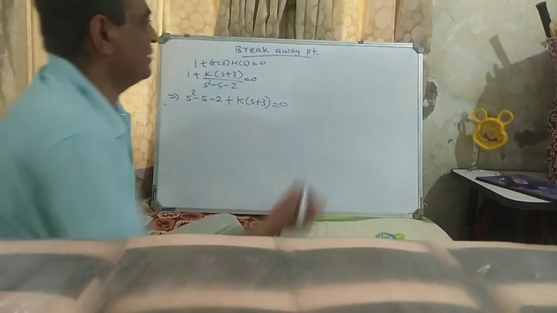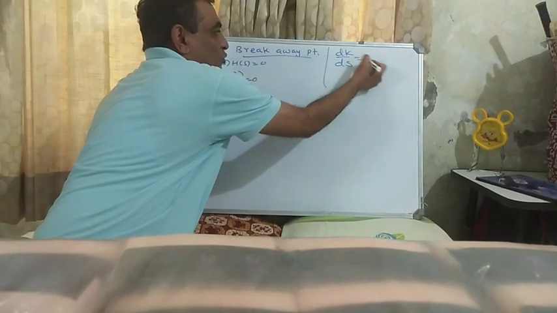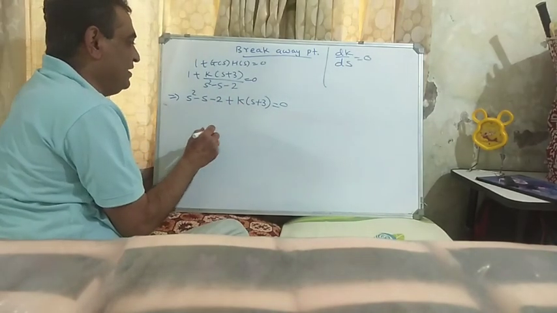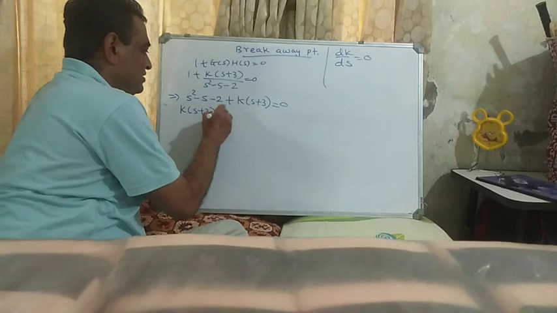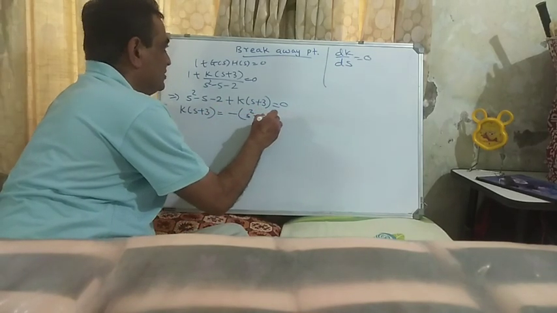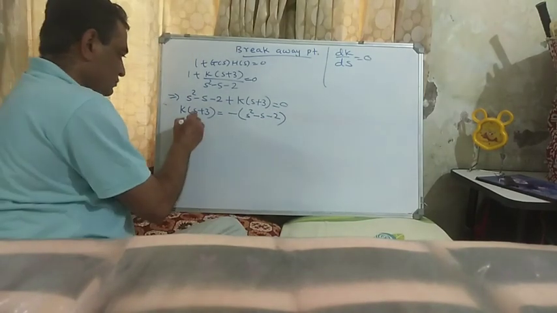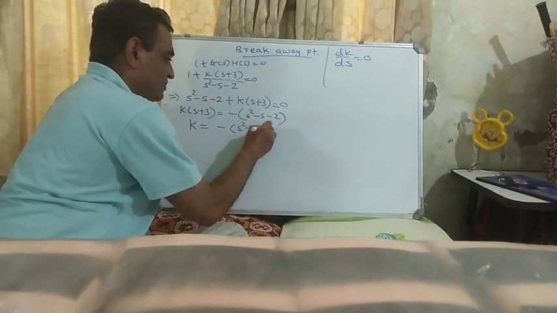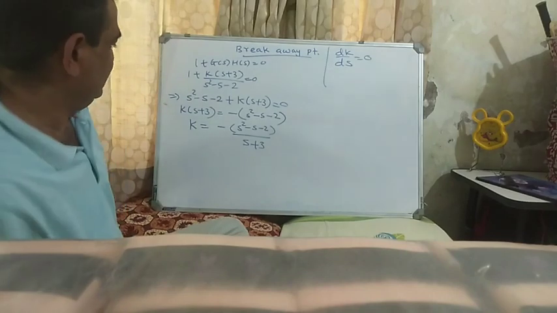Now for the breakaway points we have a formula, that is dk by ds, I need to equate to 0. So let me find the k on the left hand side. So k times s plus 3 is equal to minus of s square minus s minus 2, and k is equal to minus of s square minus s minus 2 upon s plus 3.